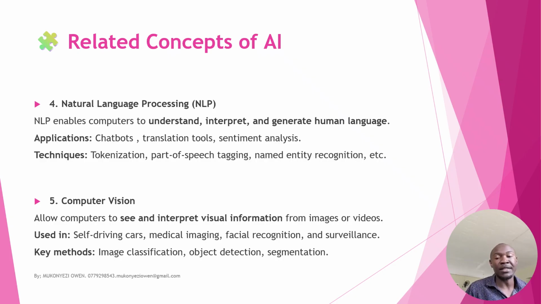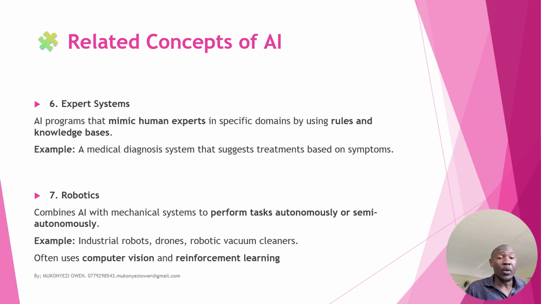as a footer. We have expert systems, programs that mimic human experts in specific domains by using rules and knowledge bases. An example is a medical diagnosis system that suggests treatment based on symptoms. It looks at the symptoms that the patient is having and then it suggests. It does not dictate that you give this medicine.